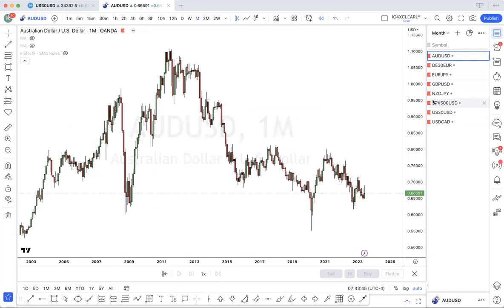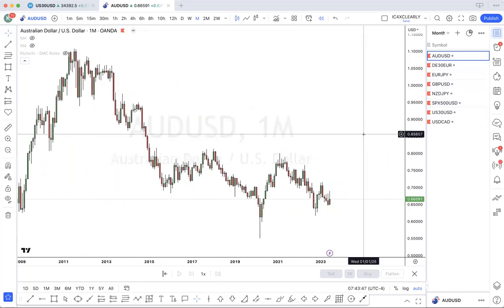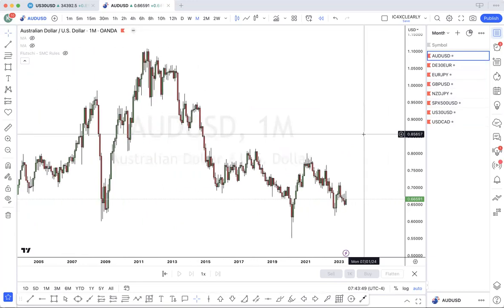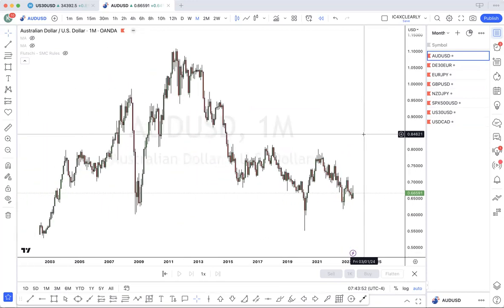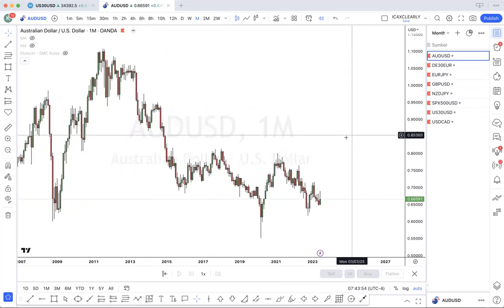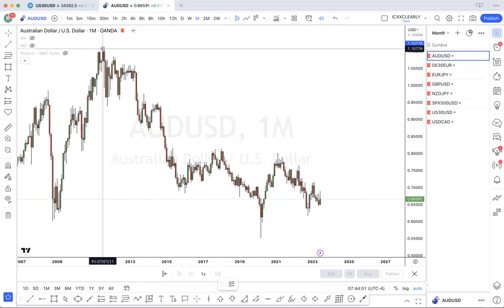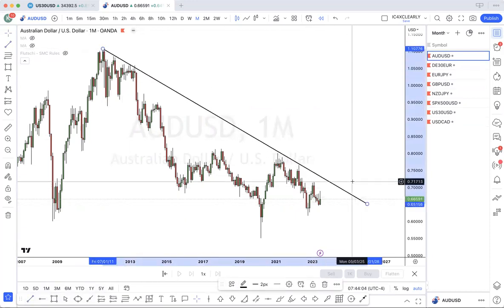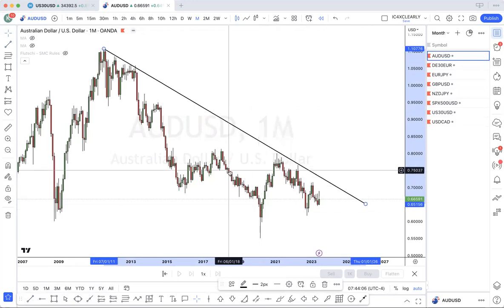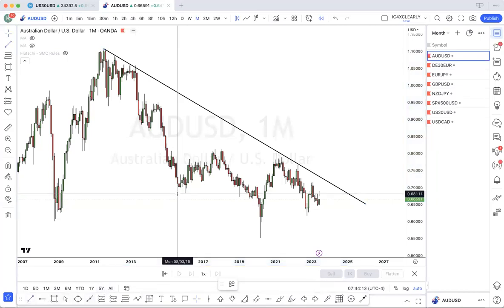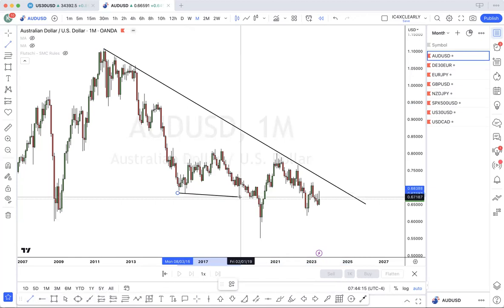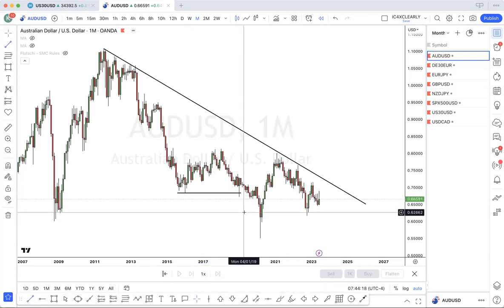We have AUD/USD, which has a monthly bullish order block. AUD/USD had been bearish, and this was the last major or macro break of structure here.